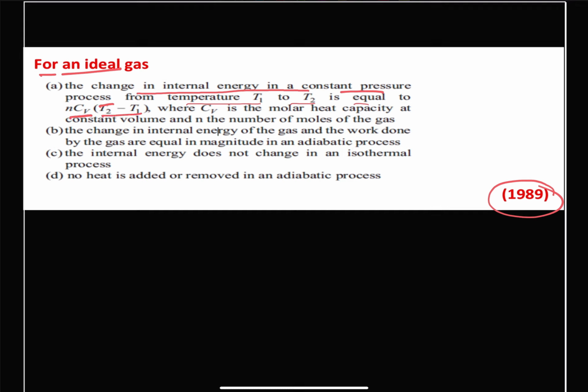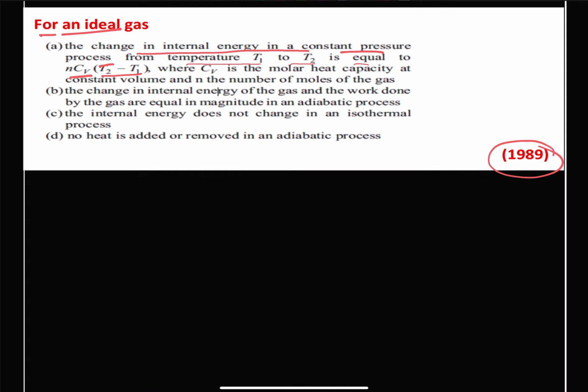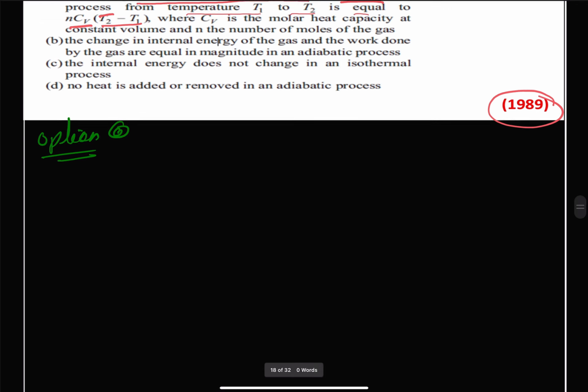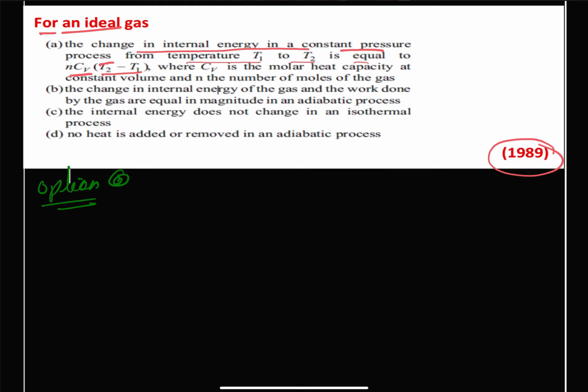Okay. And let us check option A. We know that our internal energy U is equal to nCvT, and we have to find out the change in internal energy.